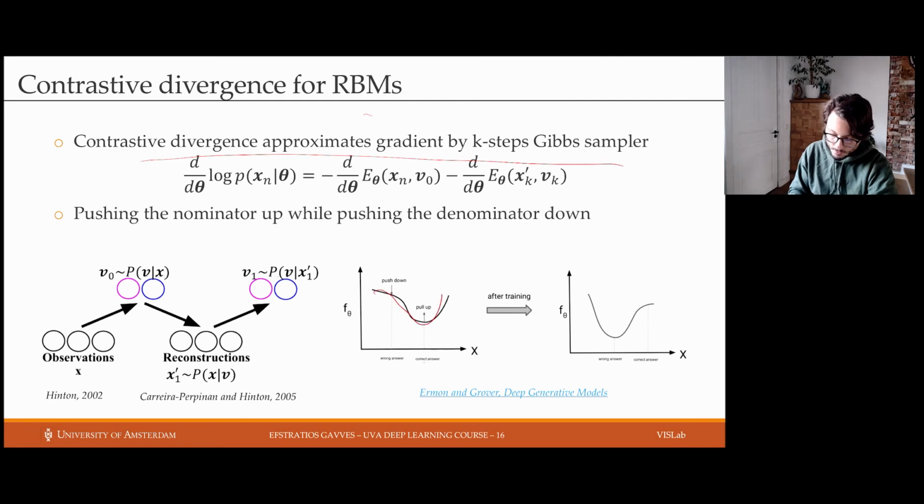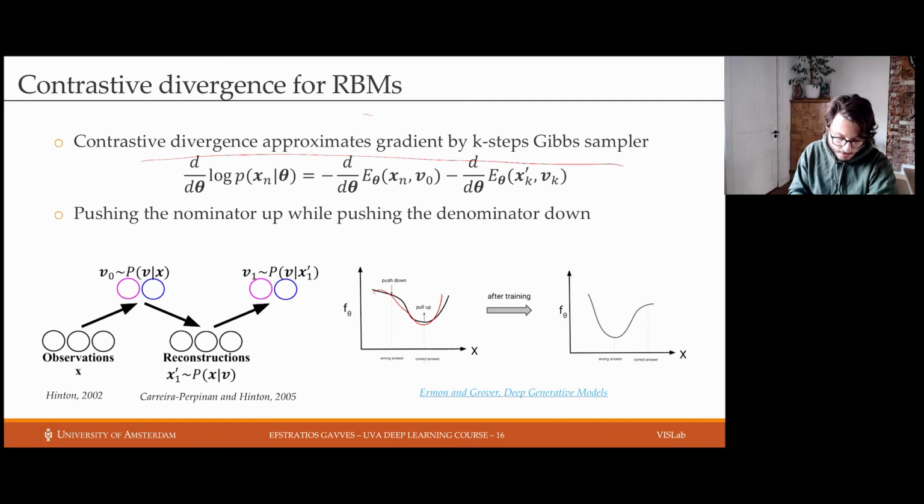In the end, what it tries to do is push up the numerator of our PDF, so the exponential of the energy, and push down the denominator. By doing so, it encourages the model to have higher accuracy.